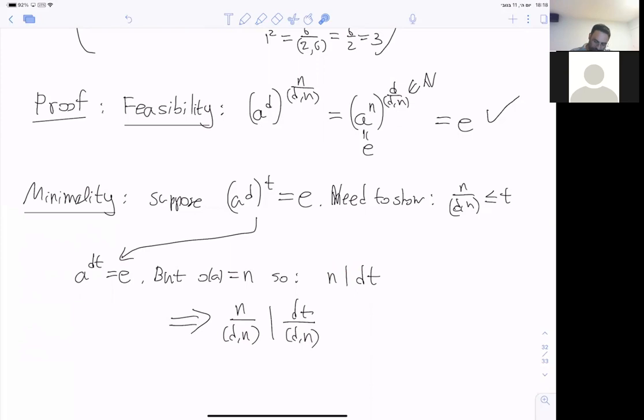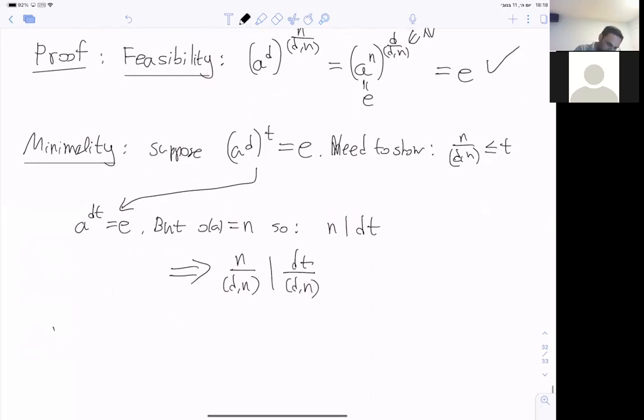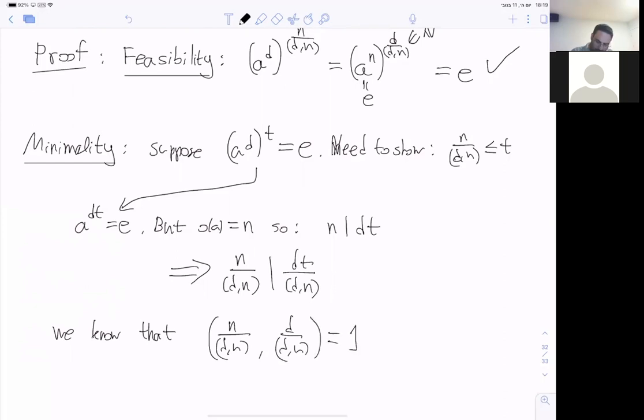But we also know that n over GCD and d over GCD are coprime. How do I know that this is true for any d and any n?